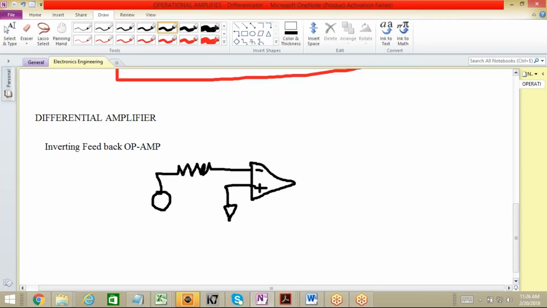And let's say this is our voltage source. Fine. So this is a voltage source. The point is connected to the ground here, and this is R1, through which my voltage source is connected to the inverting terminal. And here we have output.